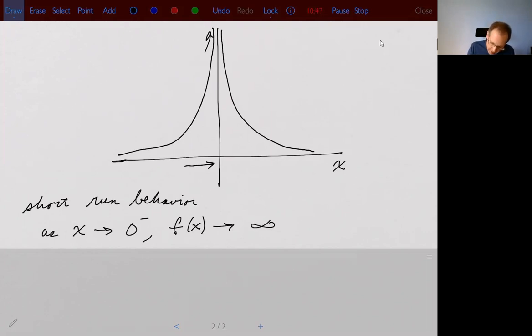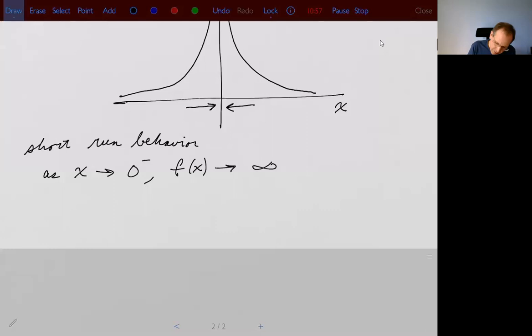And then as x approaches 0 from the right, so in this direction, the function is also going towards positive infinity. So as x approaches 0 from the left, the function is going towards infinity, and as x approaches 0 from the right, the function is also going towards infinity.